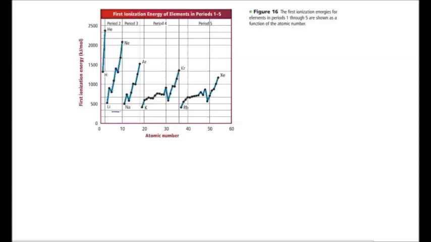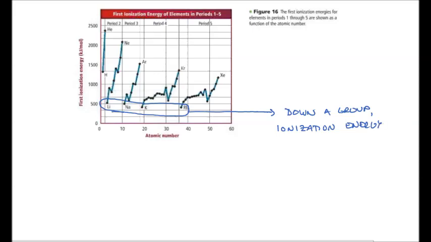So here we see, here is group 1. And as we go down the group, the ionization energy decreases. Here, we're going across period 2.